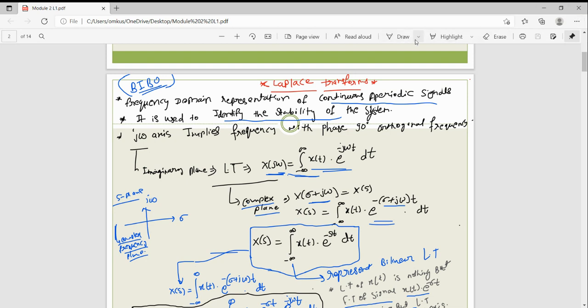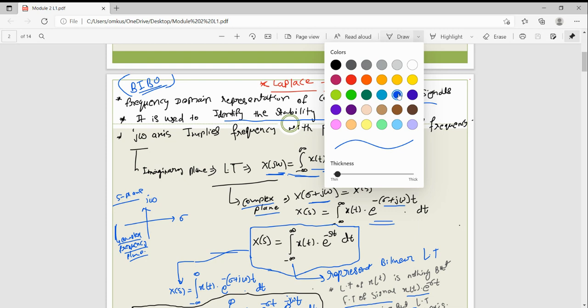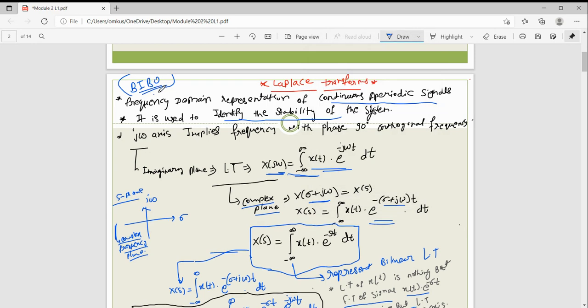Now see, any bounded input and bounded output. This is nothing but bounded input and bounded output for any signal or system given to you. If the input is bounded, then the respective output is also bounded.